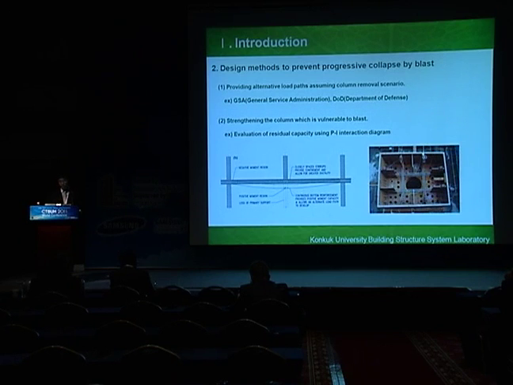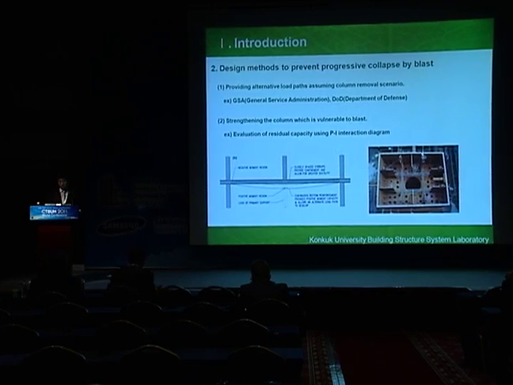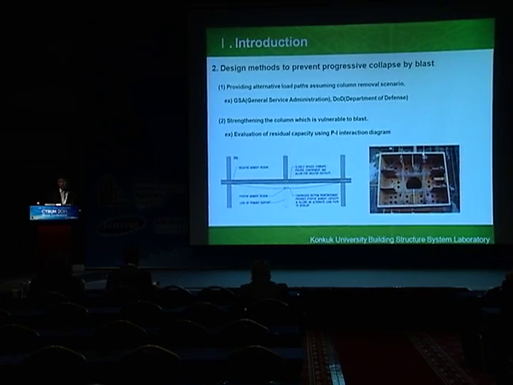There are two kinds of methods to prevent this kind of progressive collapse. The first one is to provide alternative load paths. For this method, the engineer assumes that the column is removed, and then investigates whether alternative load paths exist or not.